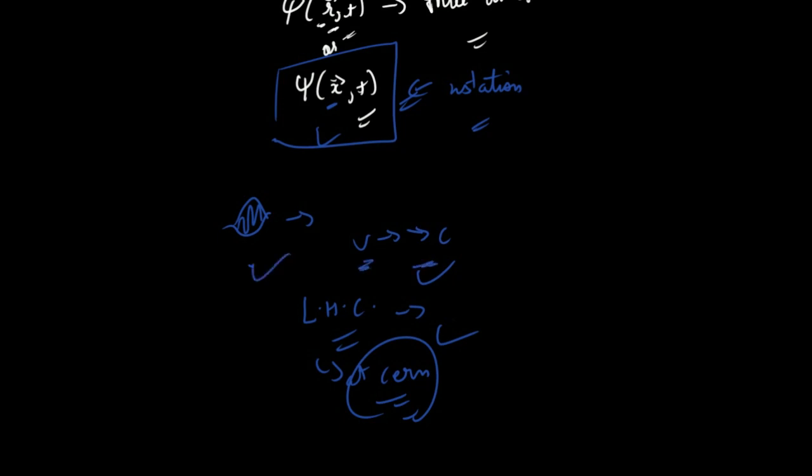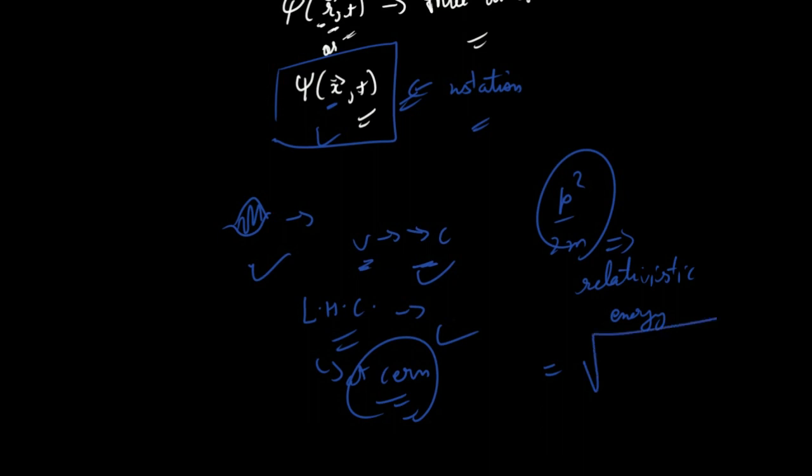So in that case, in the Schrodinger wave equation, we won't have the p squared upon 2m quantity. Instead of that, we will have the relativistic energy, which is given by the square root of p squared c squared plus m squared c to the power 4.